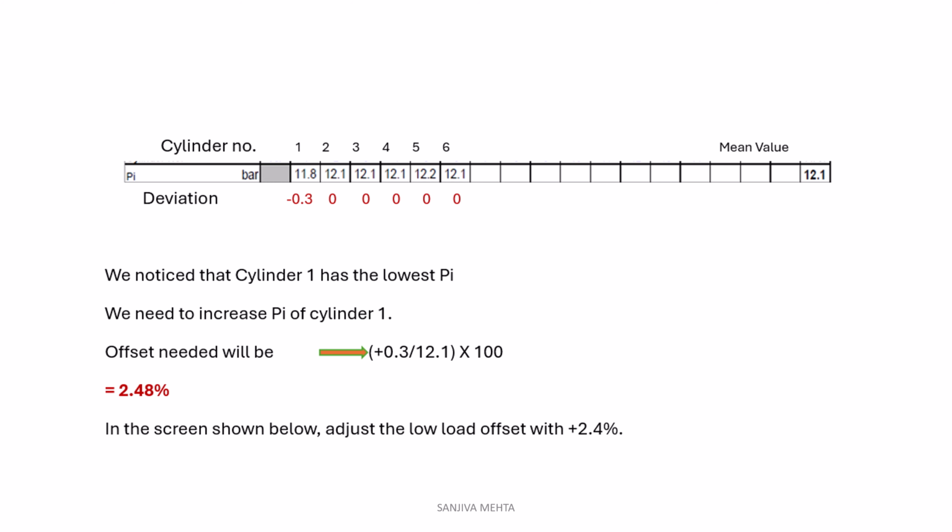Understood? Take the mean value and the maximum deviation. Now check whether the deviation is negative or positive. If it's negative, the offset has to be positive. If the deviation is positive, the offset has to be negative. So how much is that deviation? In this case, we have to increase by that much, so it becomes plus 0.3, divided by the mean value, times 100. That becomes the offset value, 2.4%.